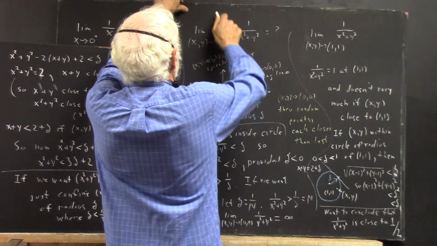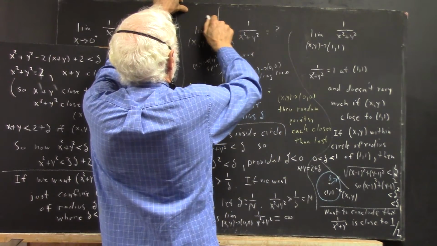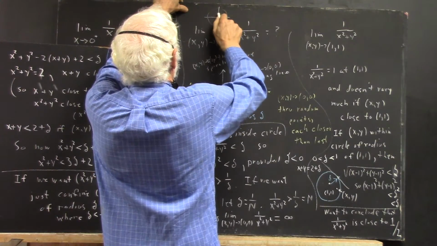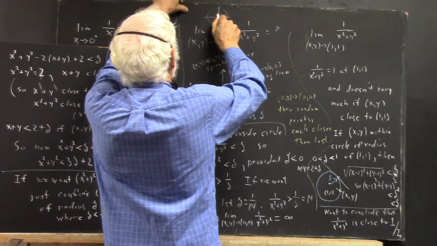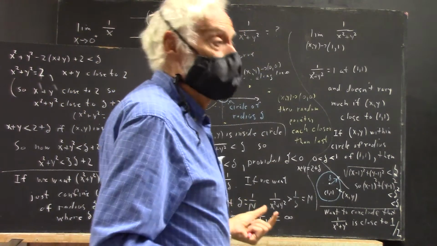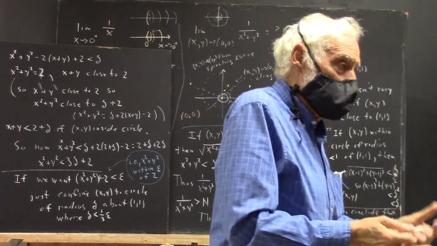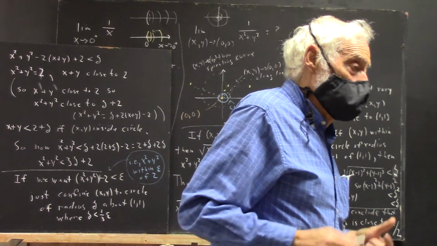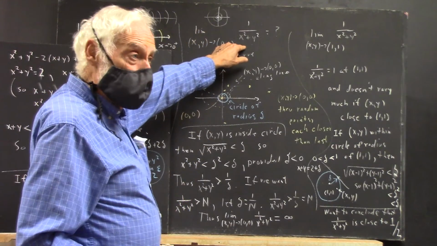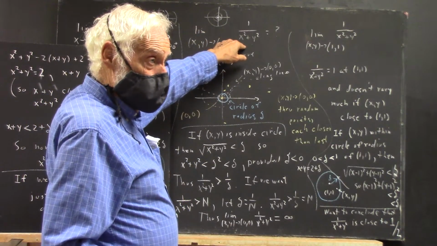I don't need much because the picture's pretty obvious. Okay, here's our origin. We just restrict to smaller and smaller circles, right? By letting delta be smaller and smaller. And that restricts this expression. Okay?